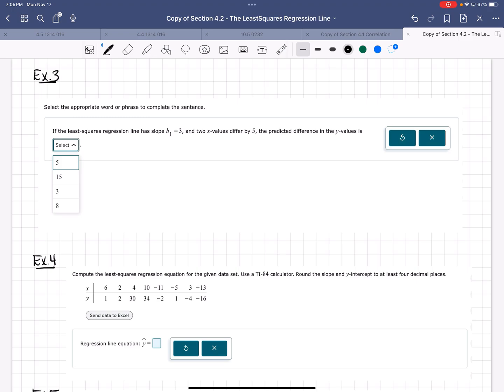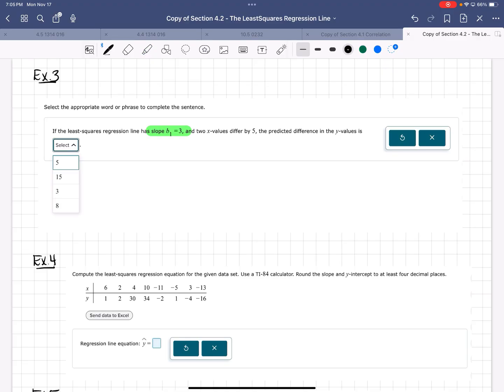Okay. Example 3. It says, select the appropriate word or phrase to complete the sentence. If the least squares regression line has slope B1 equals 3. Okay, so they're telling me that slope is 3.